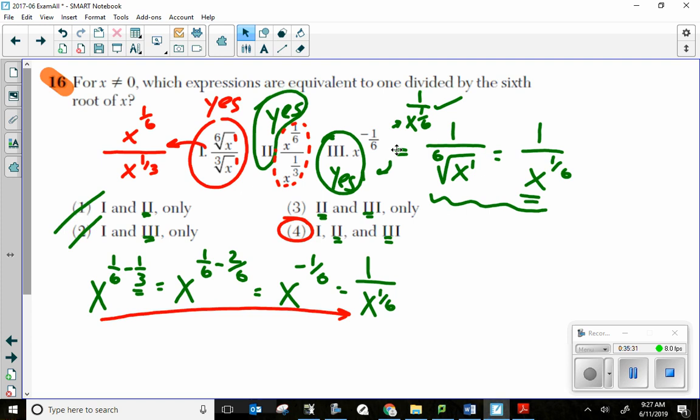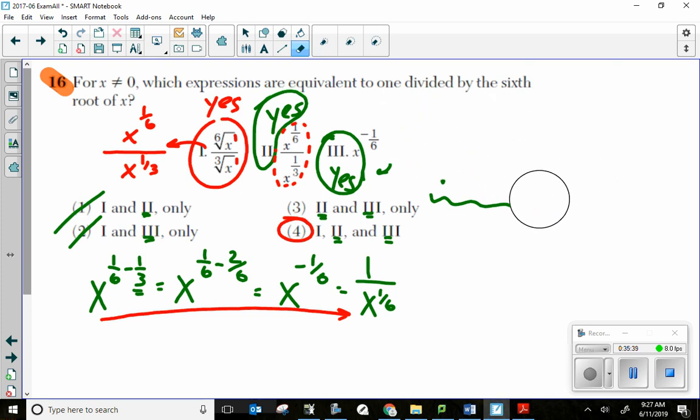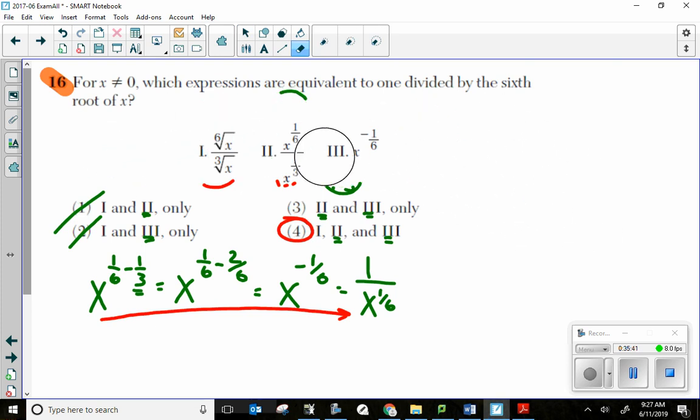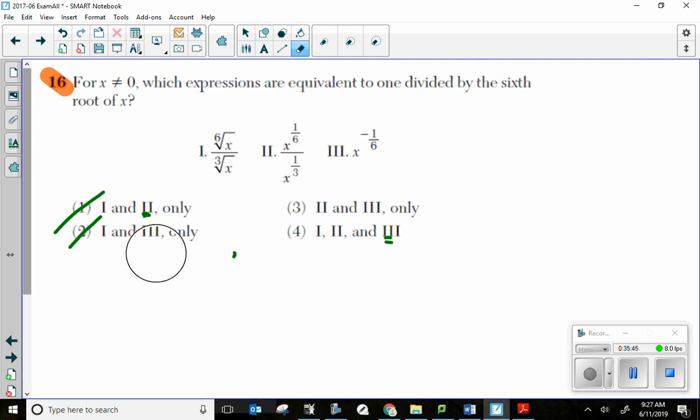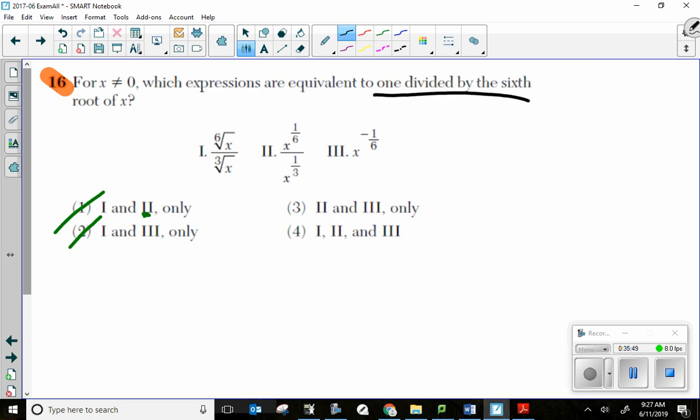If you did not know how to manipulate these fractions or these radical exponents right here, I'm going to go ahead and erase all this. I could do the following in the calculator. I know it's got to be 1 divided by the 6th root of x.